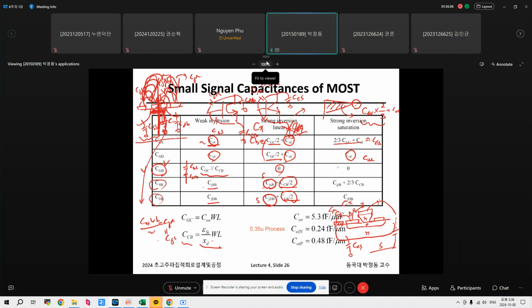We also neglect CGB and CSB. The channel to bulk capacitor is two-thirds of a channel capacitor at source, and we don't have any channel to bulk capacitor at the drain.